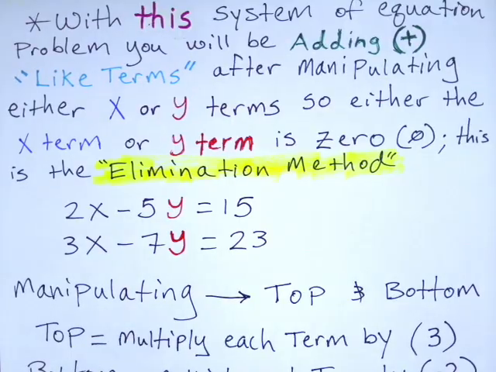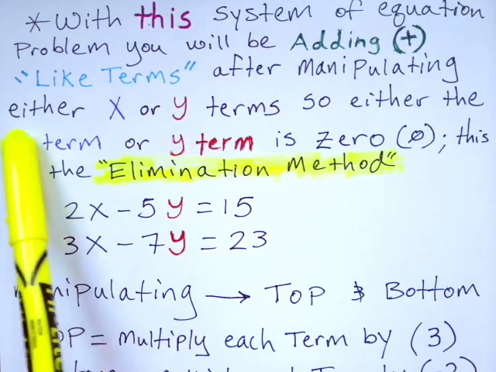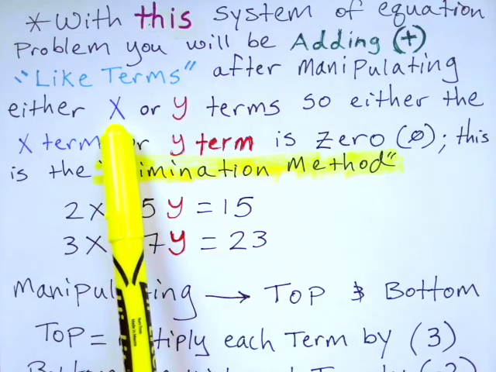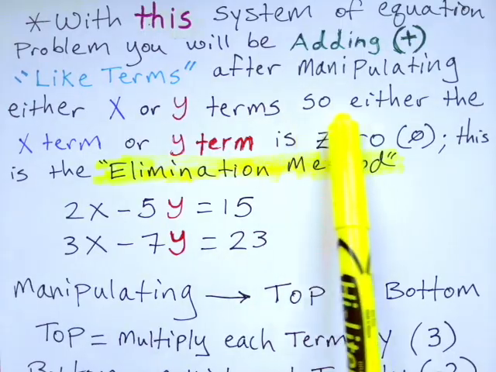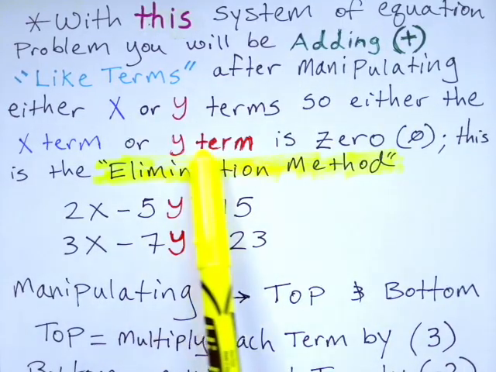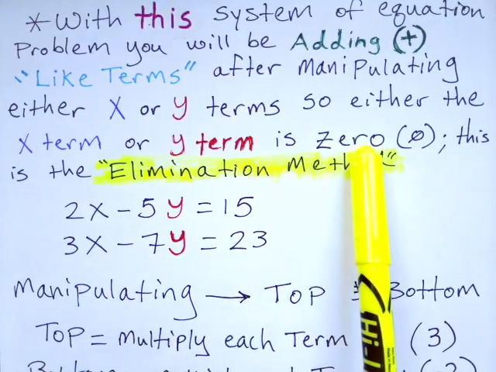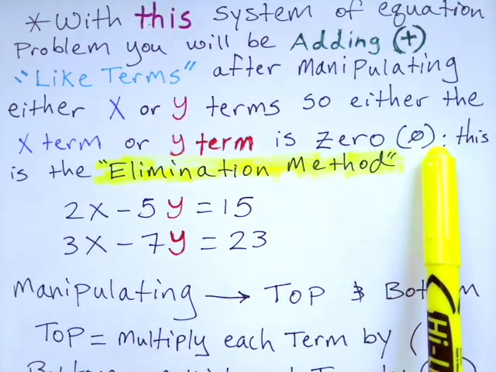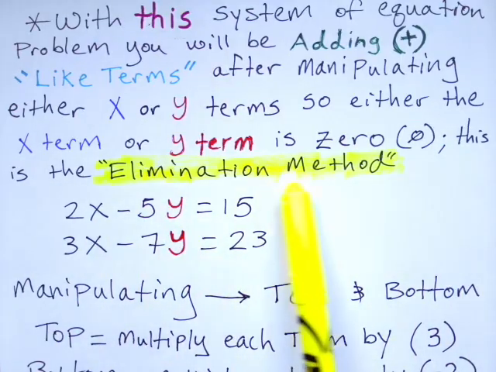That is the goal. So again, you'll be adding like terms after you manipulate either the x terms or the y terms so that when you add them together, they equal 0. You're eliminating either the x terms or the y terms. And again, this is called the elimination method.